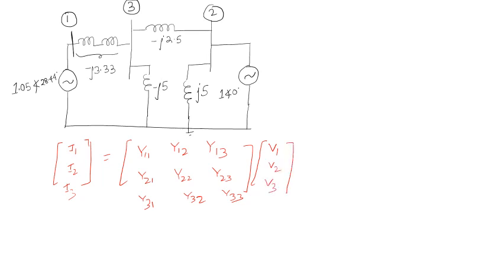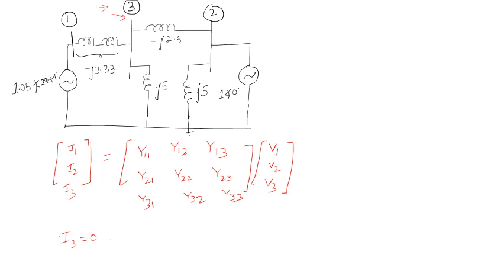If you see, the third bus does not have any voltage source, so there won't be any extra incoming current from here. So I will write I3 is equal to 0, because it does not have any source.